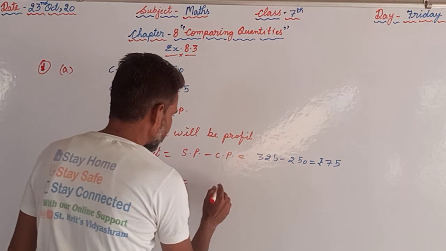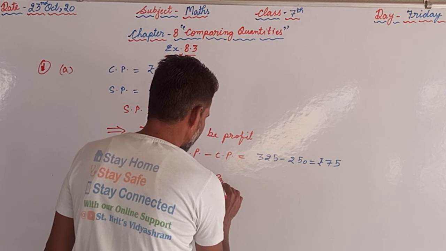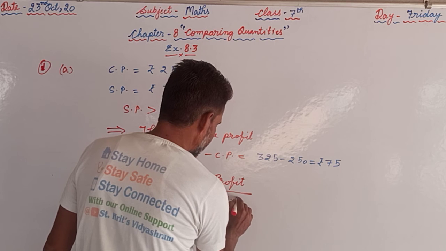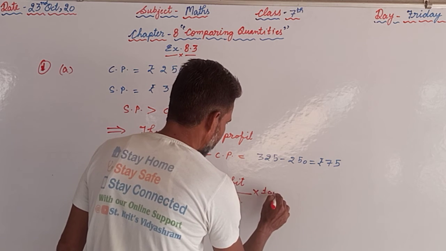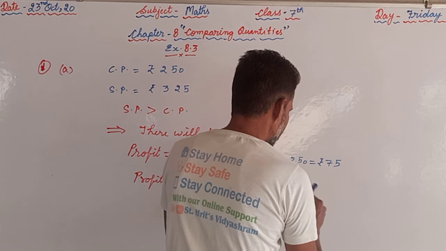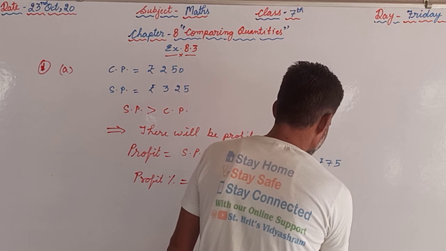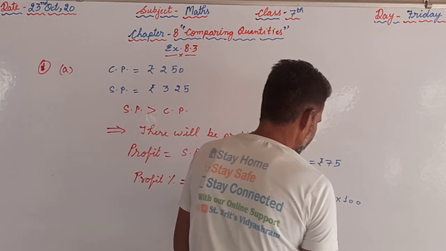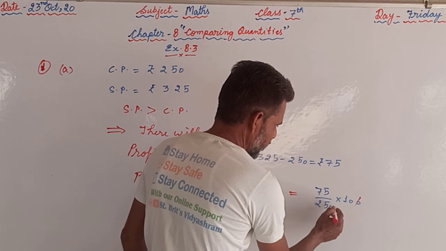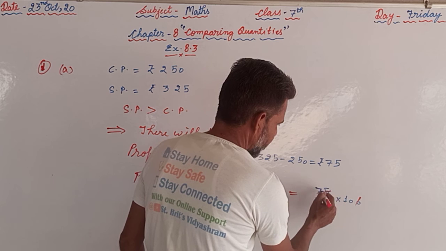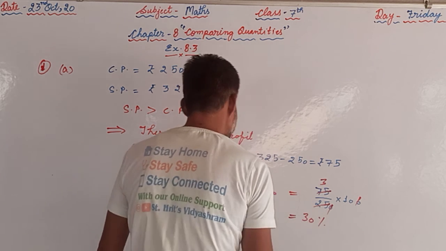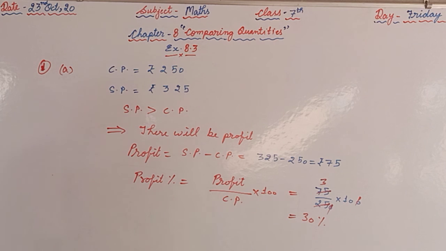For profit percent, we will use the formula profit upon CP into 100. The profit is 75, and CP is 250, into 100. 10 cancels out, 3 twenty-fives are 75, and that is 30% profit.